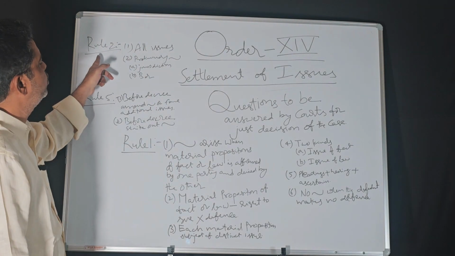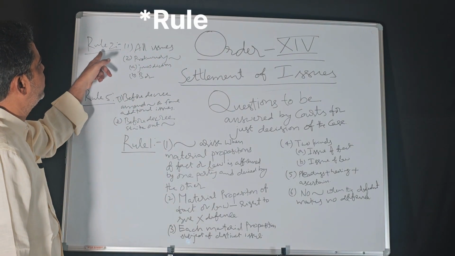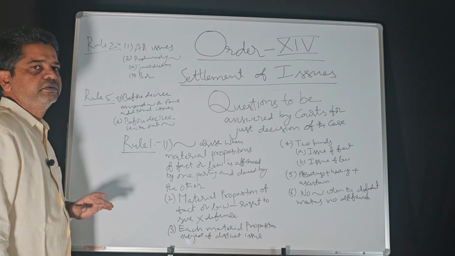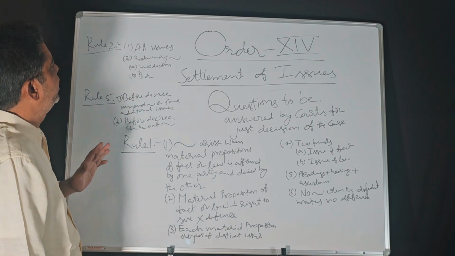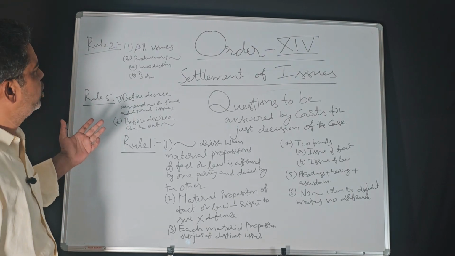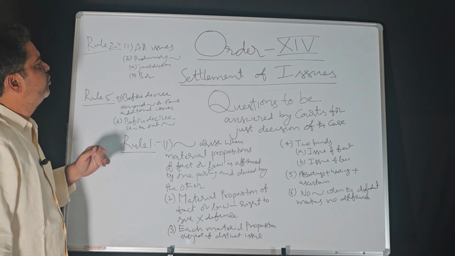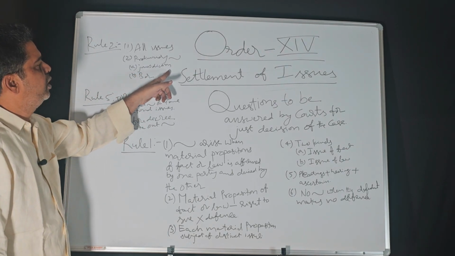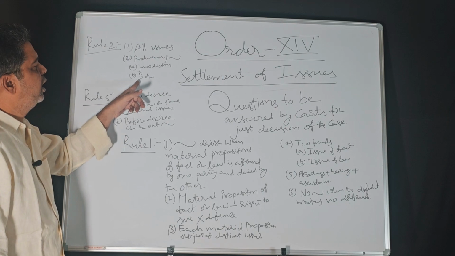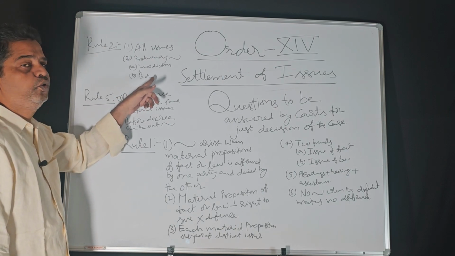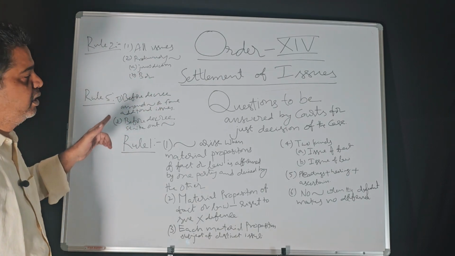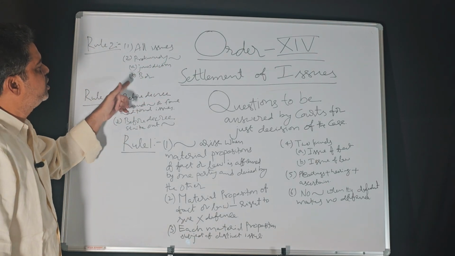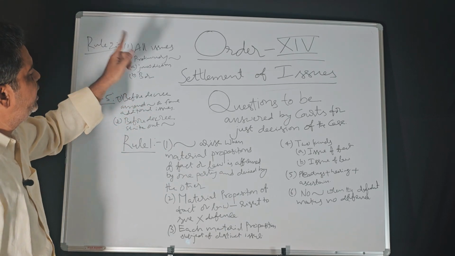Now, Rule 2 of Order 14, Sub-rule 1, says that the court shall pronounce judgment on all issues, notwithstanding the fact that the court may pronounce judgment on a preliminary issue. Sub-rule 2 of Rule 2 says that when a question of jurisdiction of the court and a bar to file a suit before the court arises, that question shall be framed as a preliminary issue, and the court shall first decide that issue before settling the other issues.